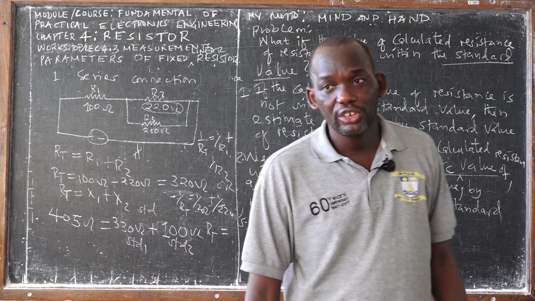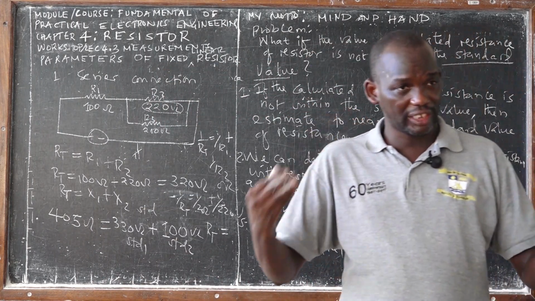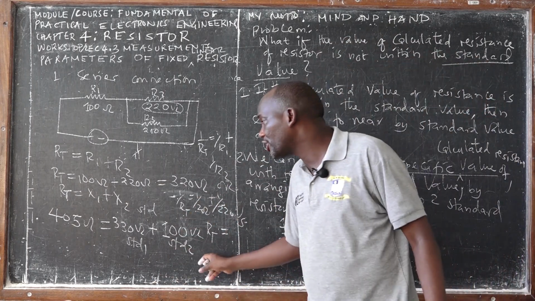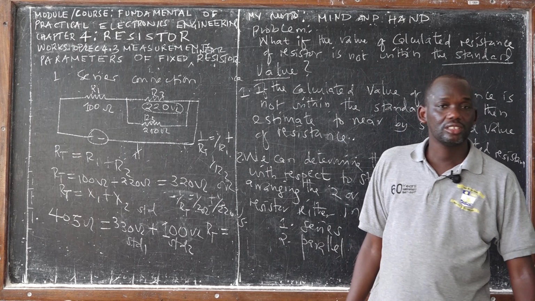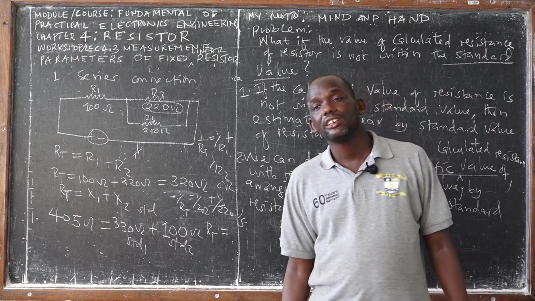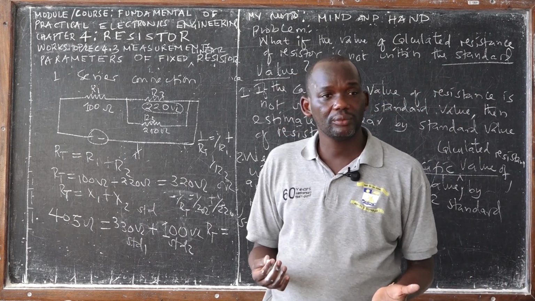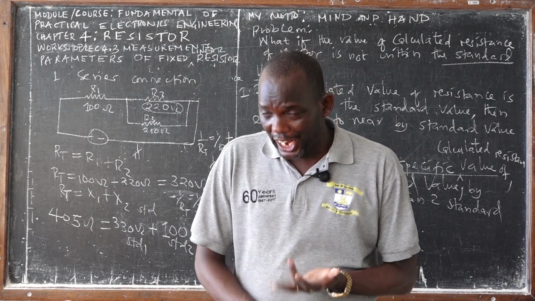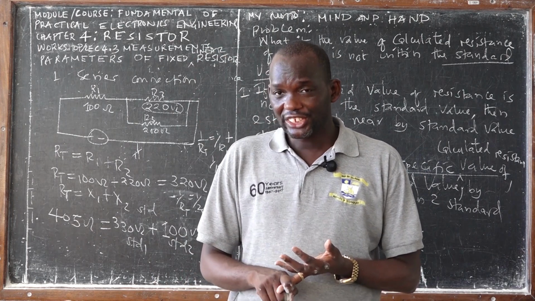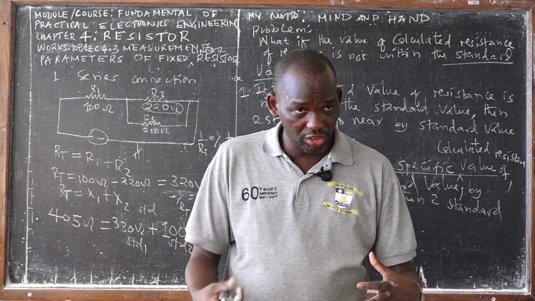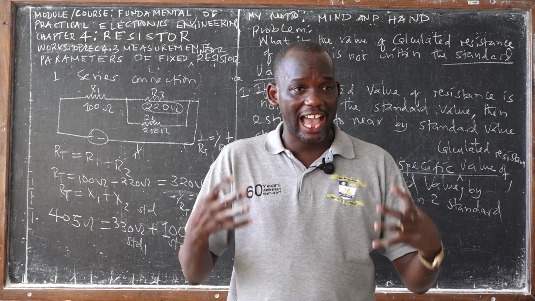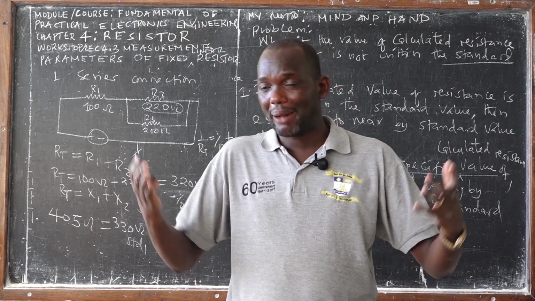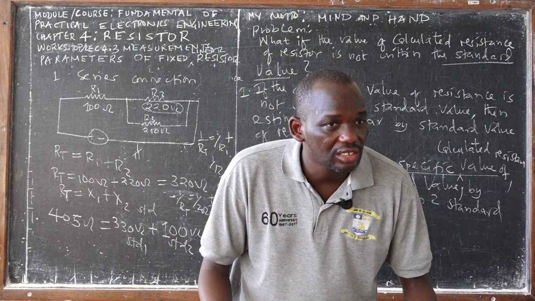So that's how you can use the concept of estimating the nearby standard resistor, or you may use the concepts of series and parallel. Class, have you understood the concept I'm teaching you? From today you have to know that series connection and parallel connection of resistors give us other values which in most cases are calculated values. We can calculate those values, but they are not standard.